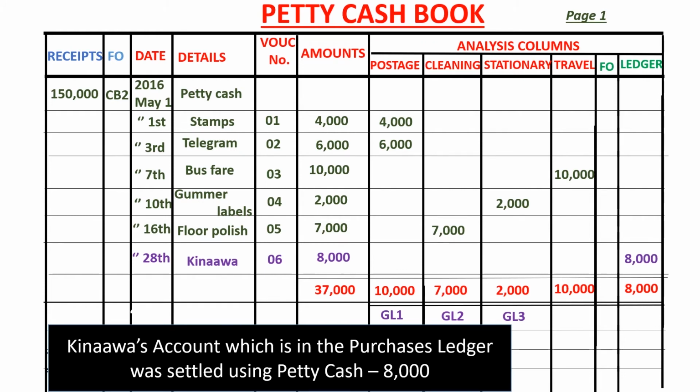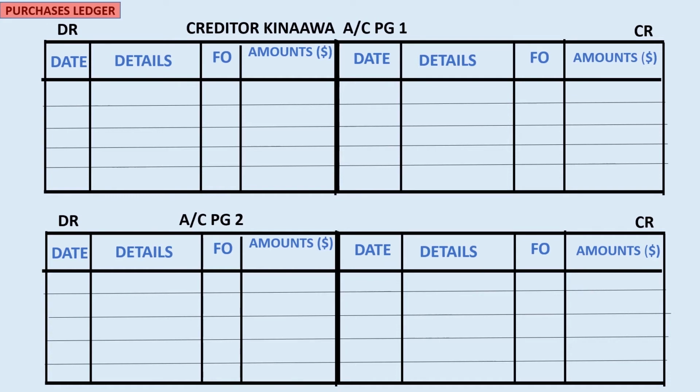So after posting the 8,000 in the ledger column, we go ahead and complete the double entry by debiting the respective creditors in the purchases ledger. So we go ahead and credit it in the purchases ledger, that is creditor Chinawa's account, with 8,000. Of course, the other item affected is cash, and this is in petty cash book on page 1.